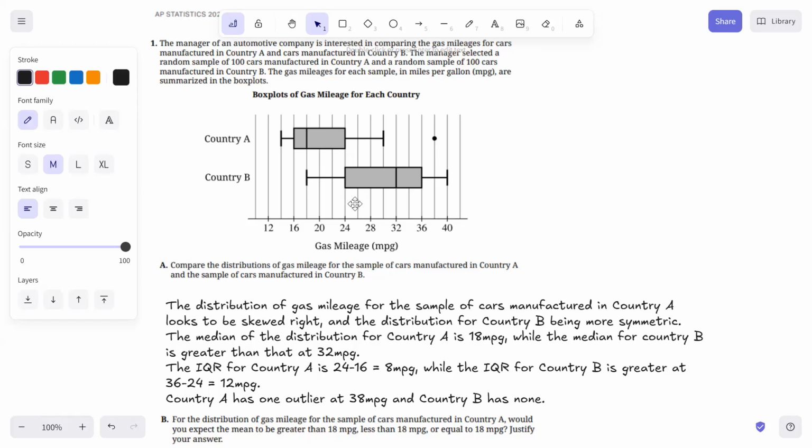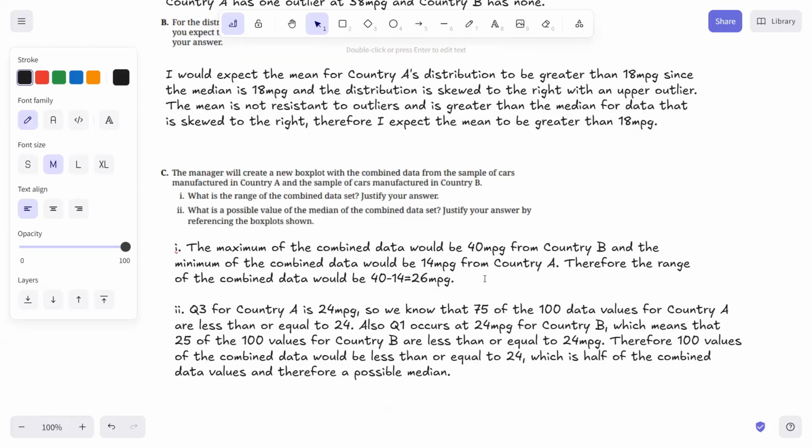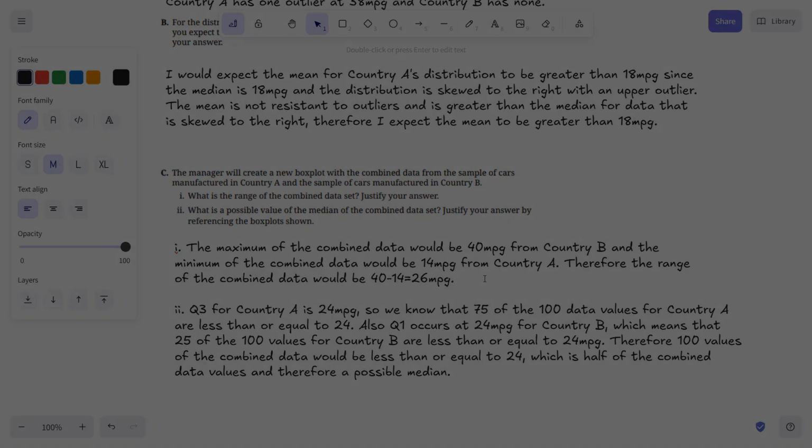For country B, 24 is at Q1, which means about 25 of the values are less than or equal to 24. So for the combined data set, that would mean about 100 of the values are less than or equal to 24, which is half of the 200 combined values. So 24 miles per gallon is a good estimate for the median of the combined data sets. So here we have the answer written out for you.